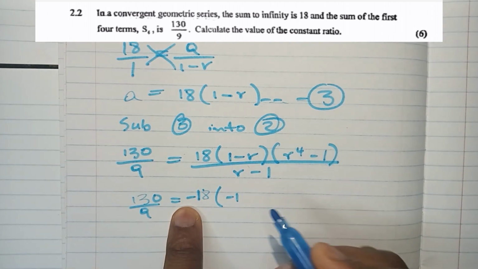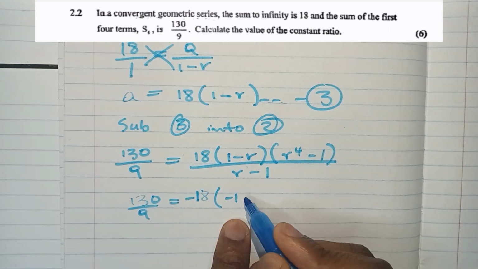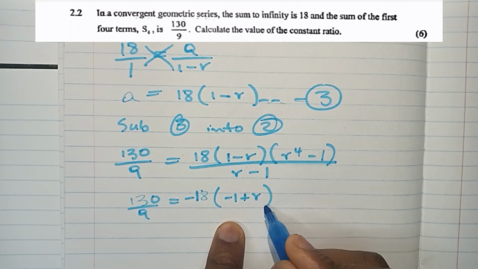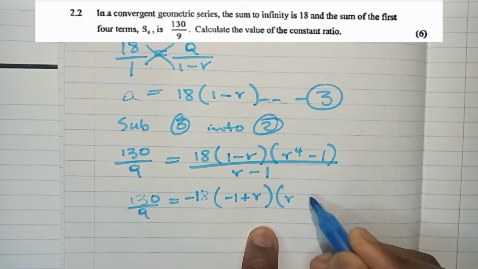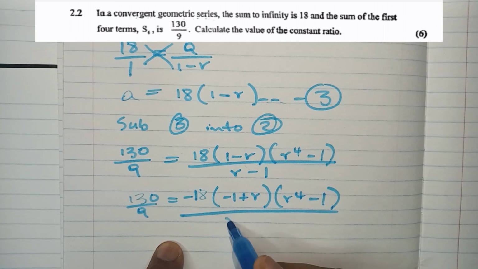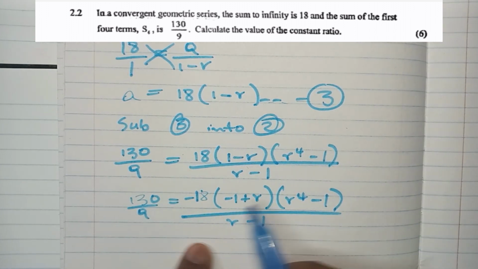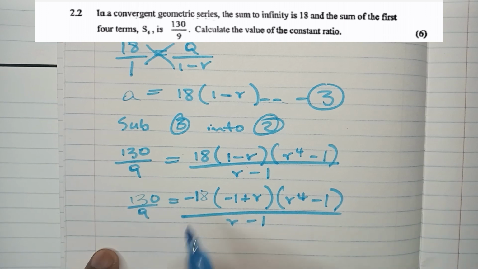So it's negative 1. So negative times positive will give you negative. So it's r to the 4 minus 1 over r minus 1. So we will simply arrange this to look nice.